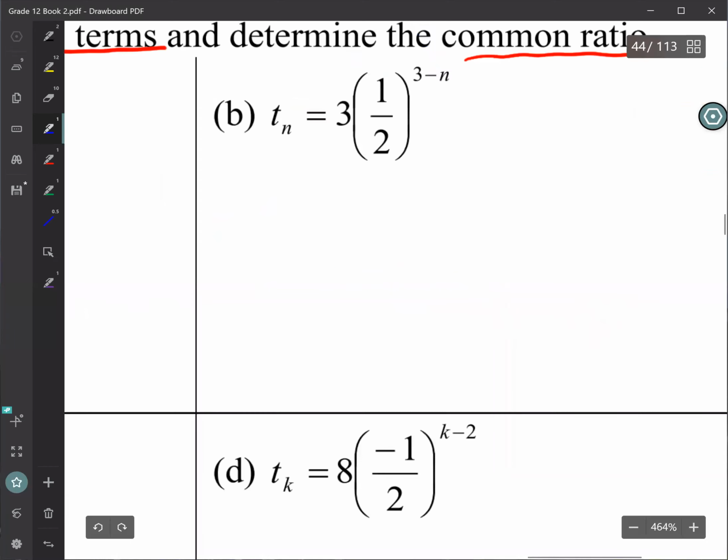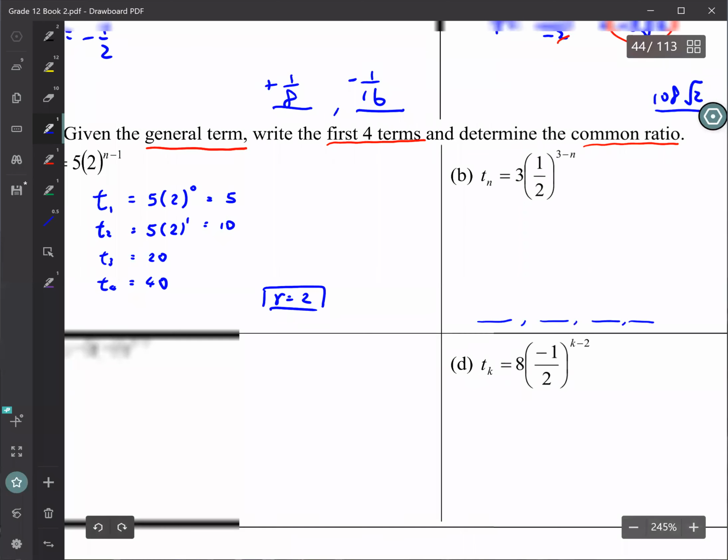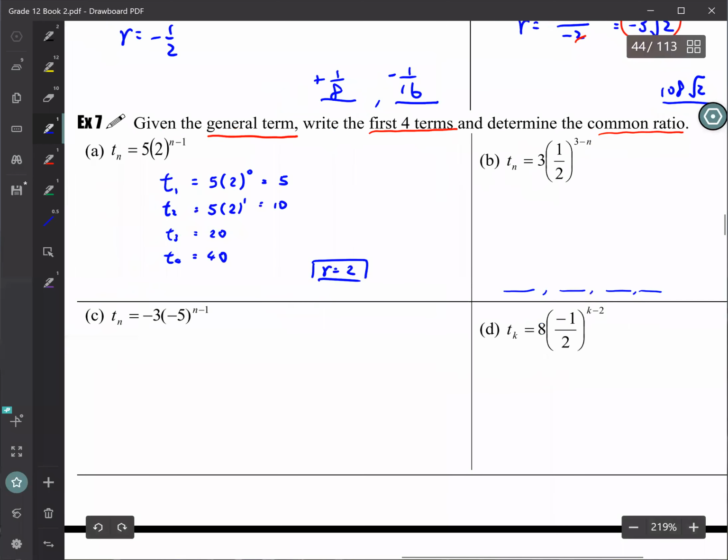You could also put your answer like this, above the lines, okay? So for example, question A, 5, 10, 20, 40. Okay, list them out.